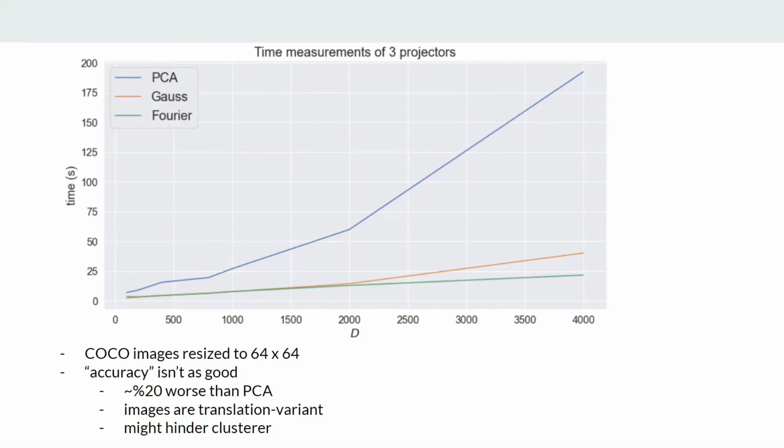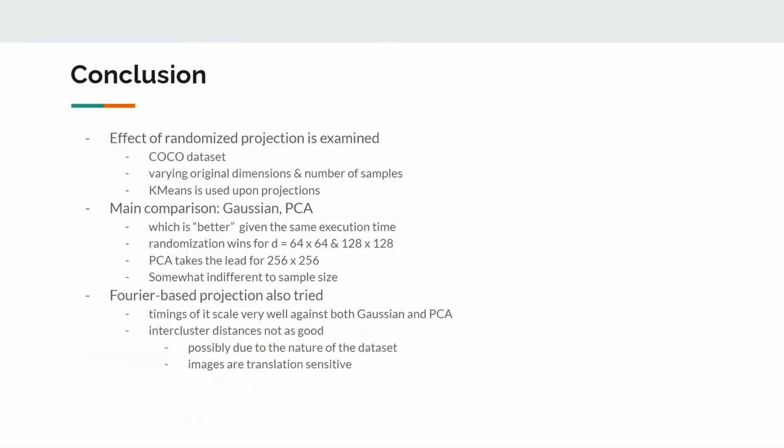As humans we are fine with rotated images because we can rotate our heads also and see that it is the same image, but for a computer it is different. For example, if you have a neural network well trained on the MNIST dataset, the second you rotate the digit, it doesn't know what to do. So we ponder this might be the reason for the not so good accuracy.